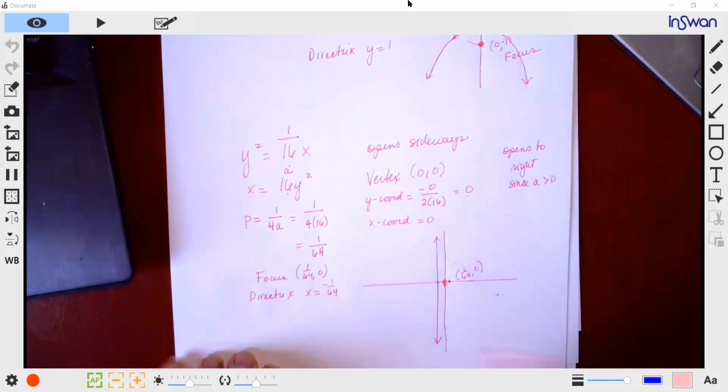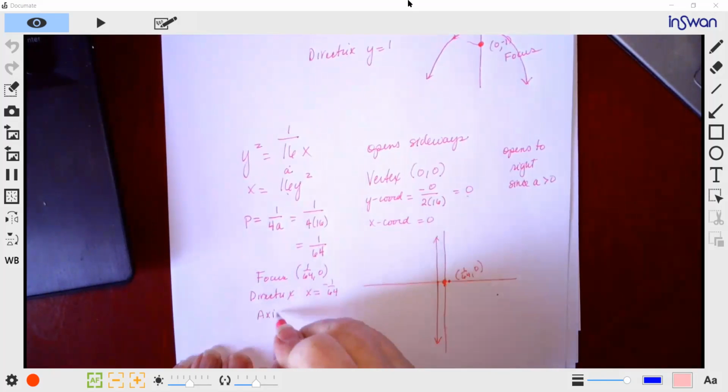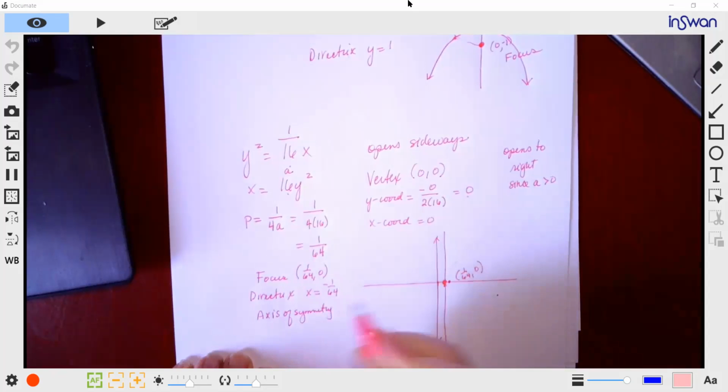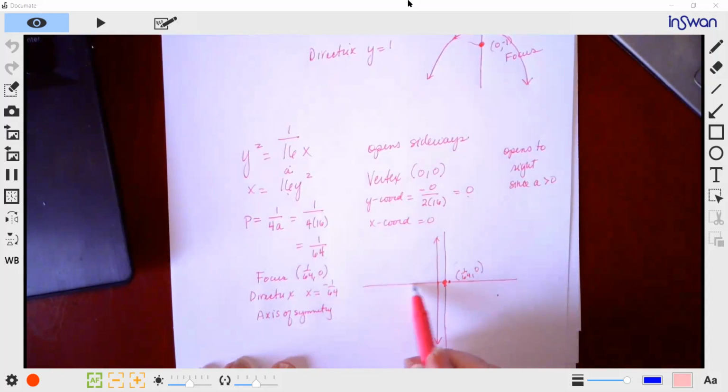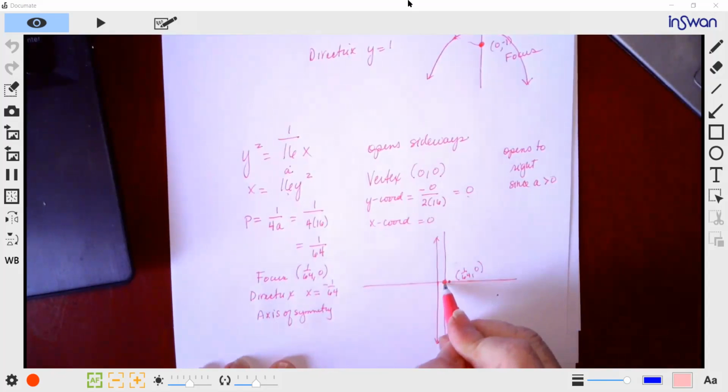Now, if I asked you for the axis of symmetry, for us, it'll always be a horizontal or vertical line because we're not going to do any parabolas that open on a slant. The axis of symmetry will always be the horizontal or vertical line that goes through the vertex and the focus.